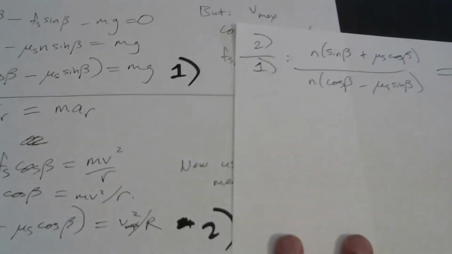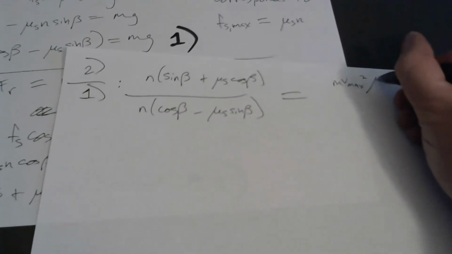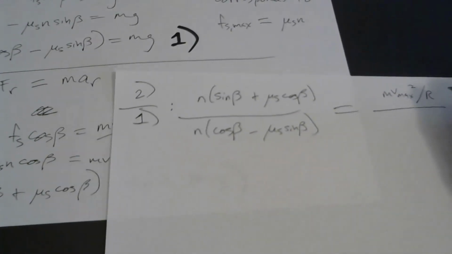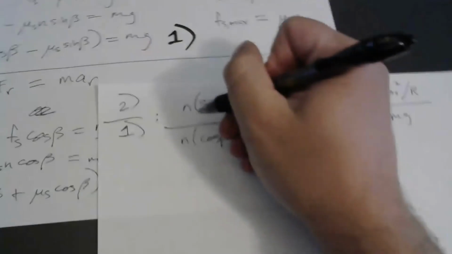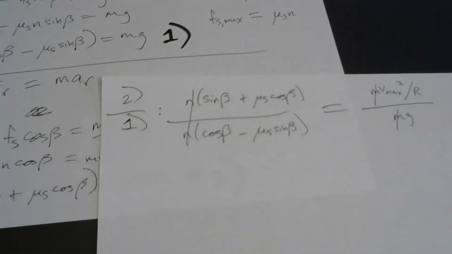On the right side, I have m v max squared over r, divided by, it was just mg. Just like before, some stuff cancels. The normal force is eliminated. Fine, we didn't want that anyway. Interesting that it doesn't matter how massive your car is. So whether you're driving a Toyota Corolla or a Toyota Corolla with dead bodies in the trunk, it's going to be the same.